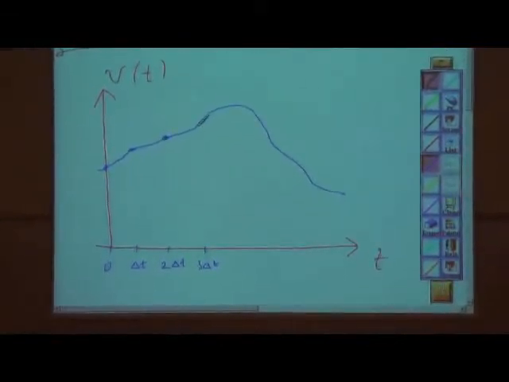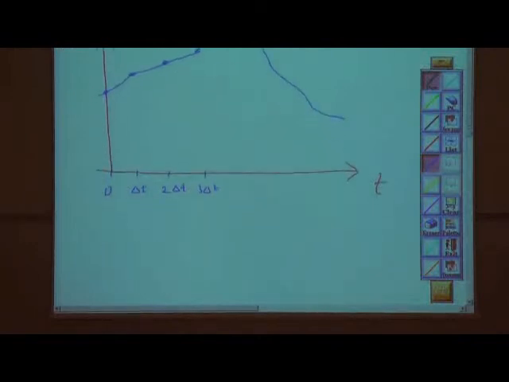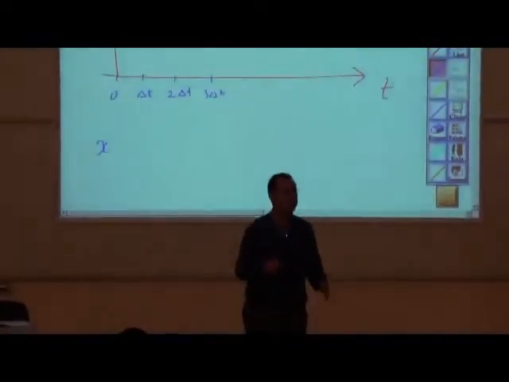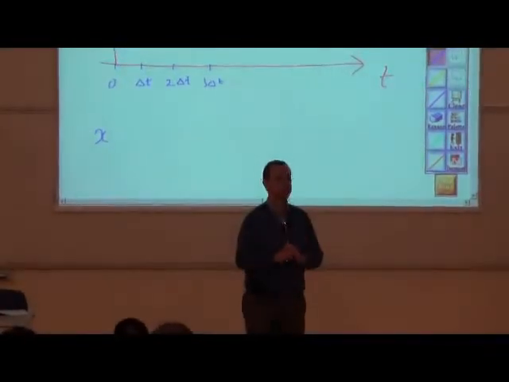You can make a table, or you can have a graph. Here, the line is your velocity measurements as a function of time. And in particular, if you have made the measurements at intervals delta t, these are the actual values of the measurements you made, and you can graph them. Okay?